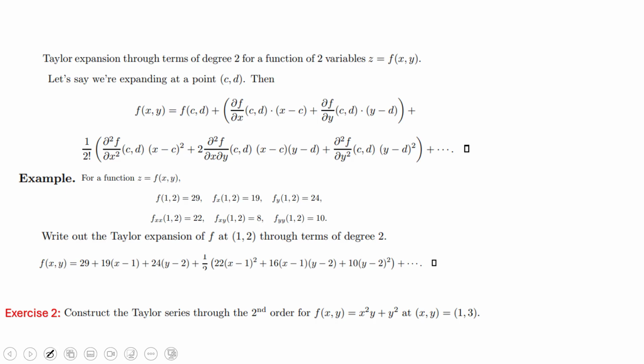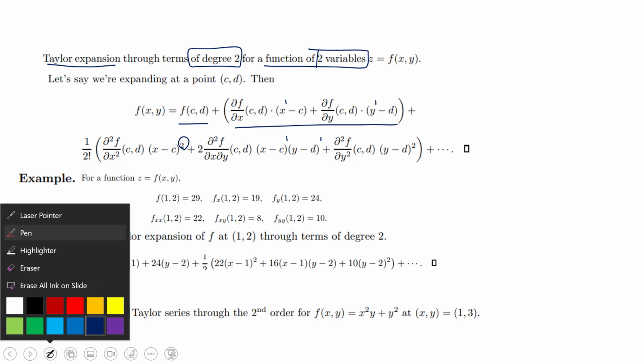This is the Taylor series, Taylor expansion of degree what, for a function of two variables, right? So this is your first term. This is the second term, of degree what here? First degree. Here, because you have a square, this is the second degree, right? And also here 1 and 1, you have second degree, right?